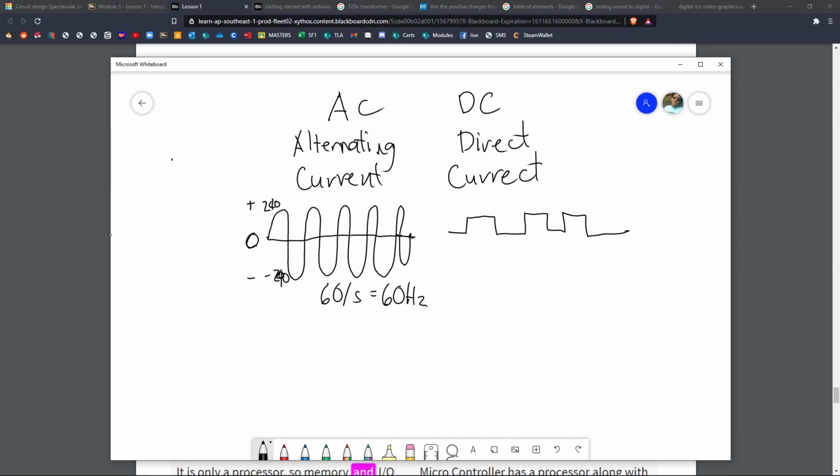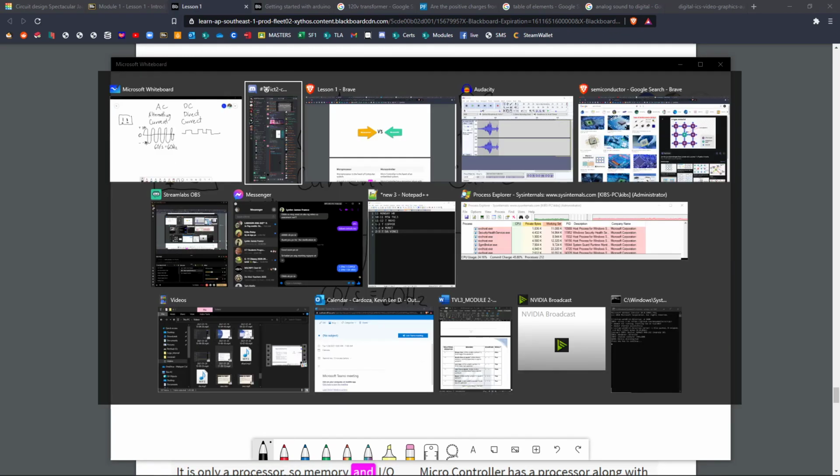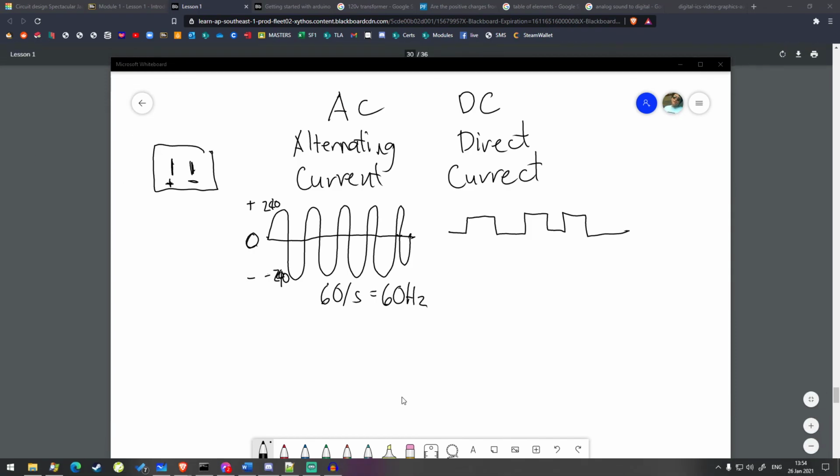Meaning, dyan sa saksakan nyo sa wall nyo, it changes from positive to negative 60 times. Meaning, hindi mo talaga masasabi kung negative or positive yung saksakan nyo. Kaya pwede nyong balik-balikin yung saksakan.